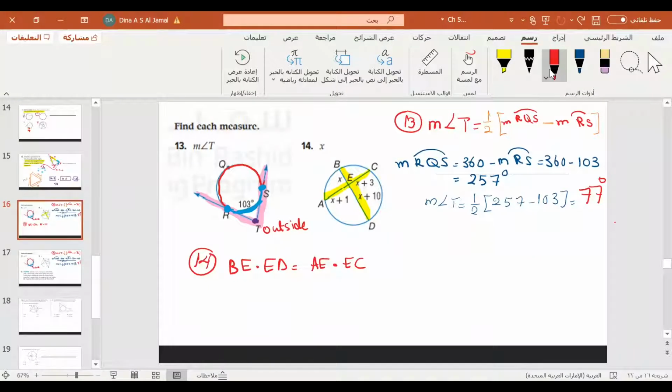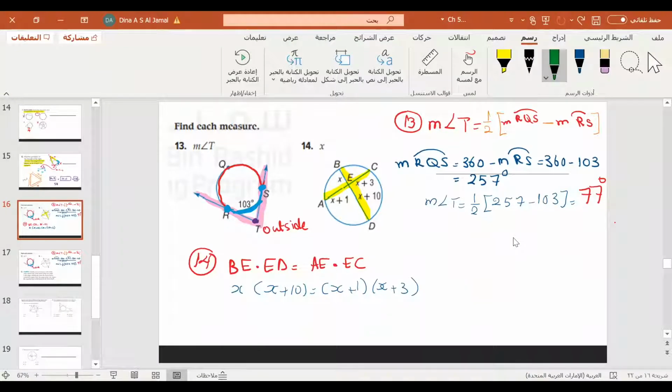Your BE is X, your ED is X plus 10, which is equal to X plus 1 multiplied by X plus 3. Now focus on how we can solve this.